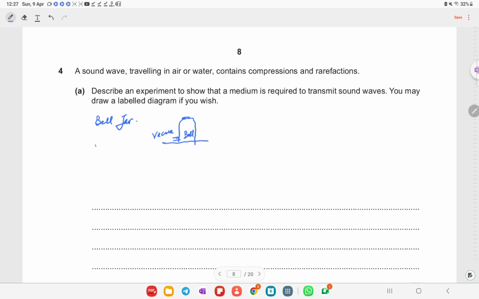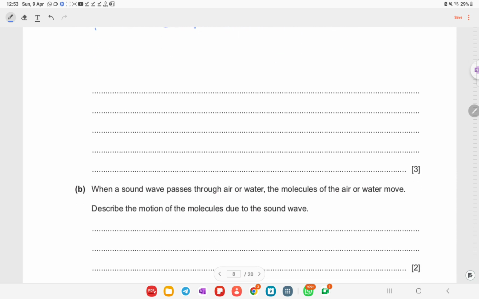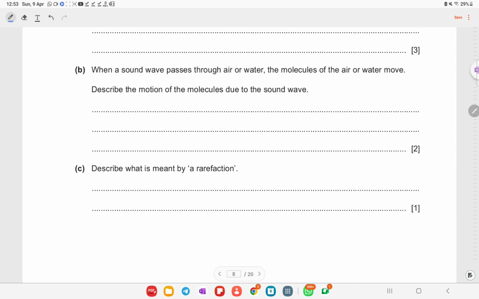There will be no sound. So sound needs a medium to travel. So this is what you are going to be explaining over here. If the bell is ringing, it means sound is produced. So this is the experiment that you need to write down over here. It's a pretty easy and simple experiment, and I've already explained it to you.